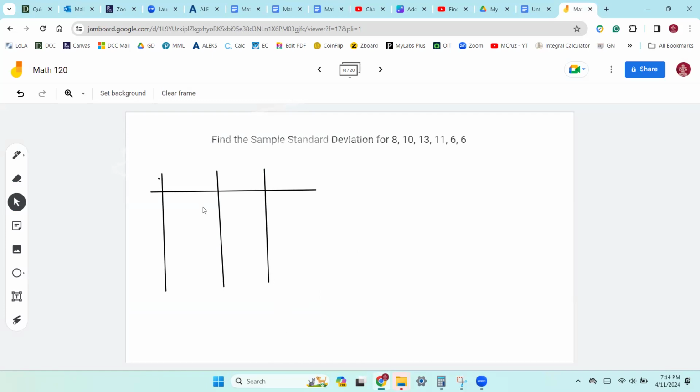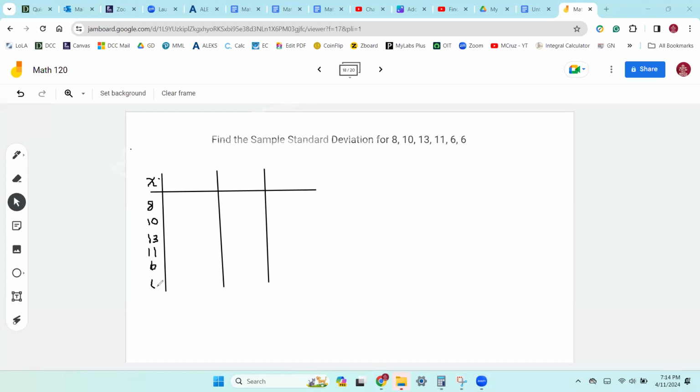Now, what we got to know is a couple of things. The first thing we need to have is the mean. First thing I'm going to do is write these going down like this. Most of the work is being careful and being neat, which is never a bad idea.